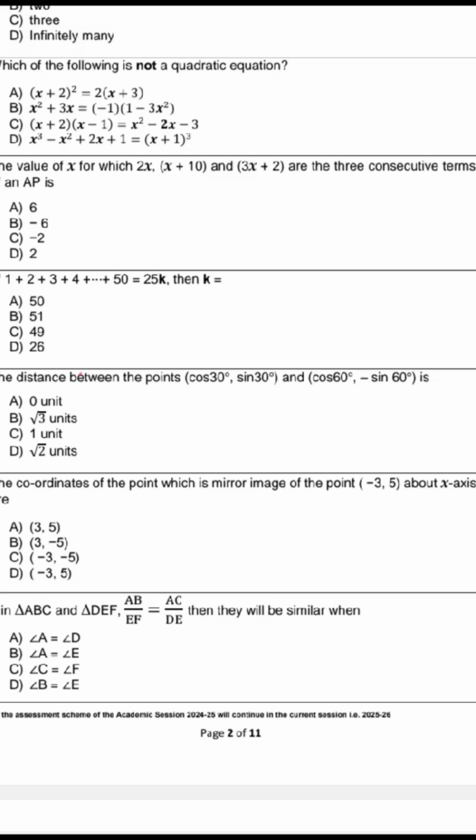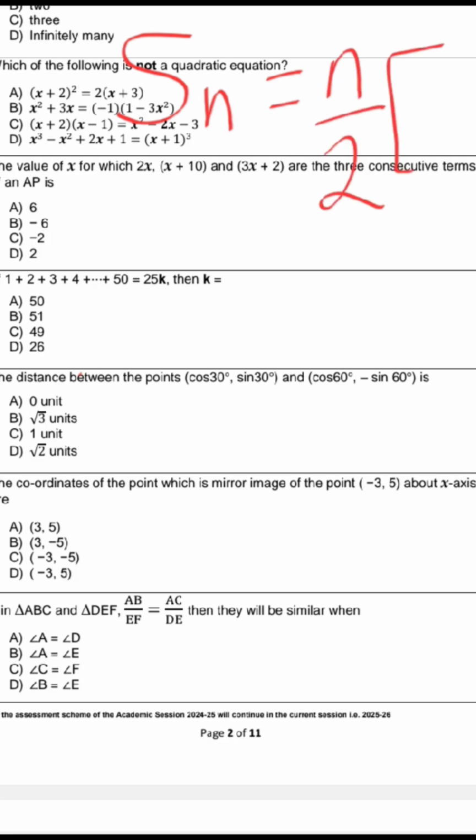So here this is an AP, and how will we find its sum? See, what is the sum formula of your AP? Here are two formulas of AP. Sn equal to n by 2 bracket a plus l, means first term plus last term.